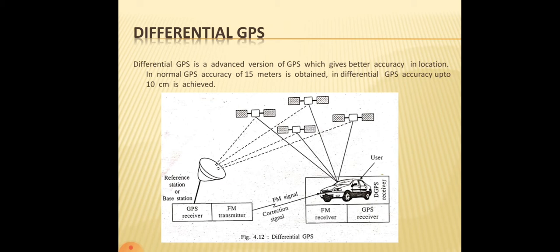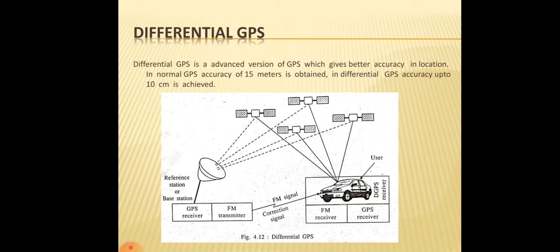It is a stationary station whose longitude, latitude and altitude are known. Then the GPS receiver receives signal from the GPS satellite. The reference station receives the GPS signal and computes its location parameters. Next, these parameters are compared with its own known location parameters to calculate the error of the GPS receiver.